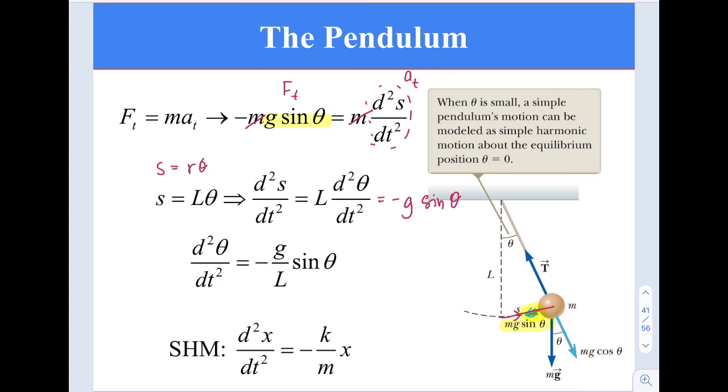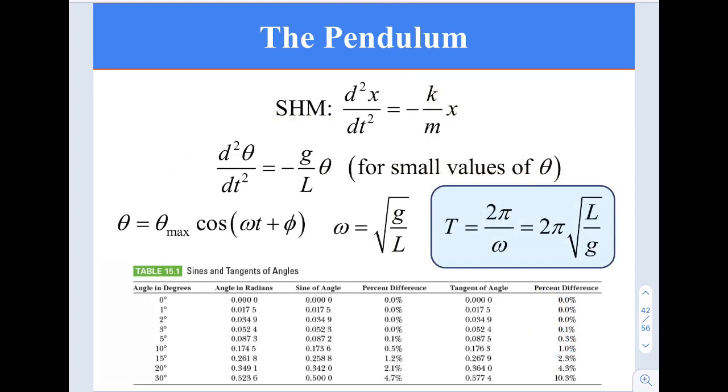So we may say that the simple pendulum is also a kind of simple harmonic motion, provided that theta is small, less than 10 degrees. If theta is very small, sin theta is more or less theta only. Then you simplify the equation into this: instead of having sin theta here, we have theta only.